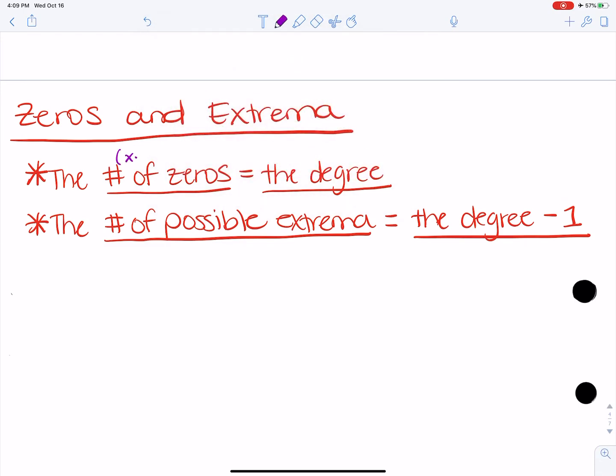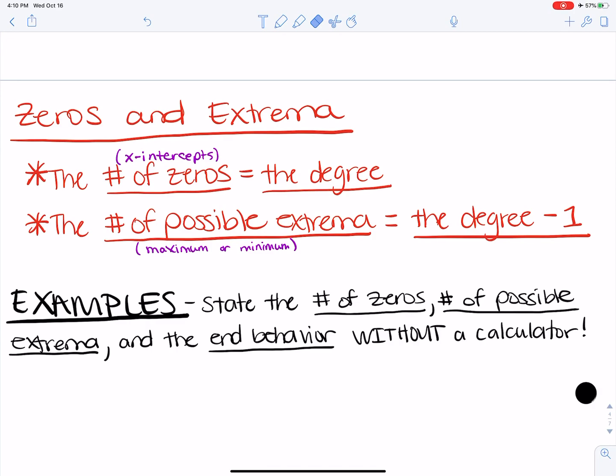Zeros, remember, are x-intercepts. And the possible extrema, remember, those are the maximum or minimum. But the number of x-intercepts is the degree number exactly. The number of possible extrema, which is the maximum and minimums, is the degree minus 1. Okay.